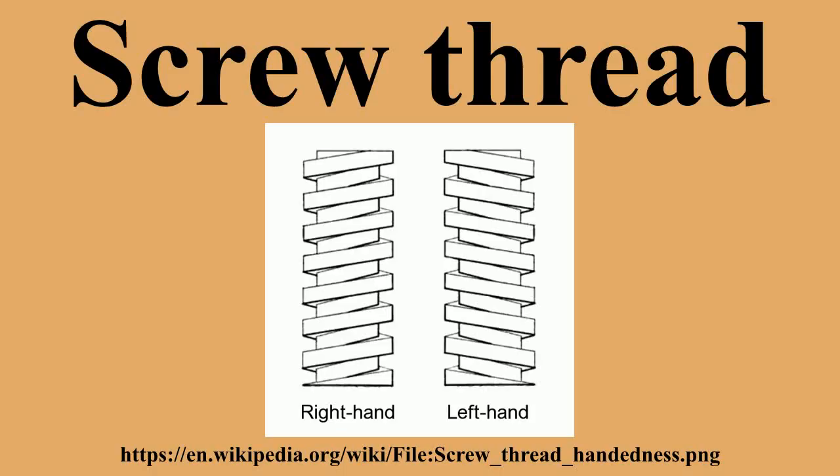Tapered threads are used on fasteners and pipe. A common example of a fastener with a tapered thread is a wood screw. The threaded pipes used in some plumbing installations for the delivery of fluids under pressure have a threaded section that is slightly conical. Examples are the NPT and BSP series.